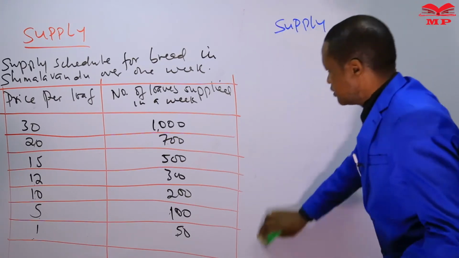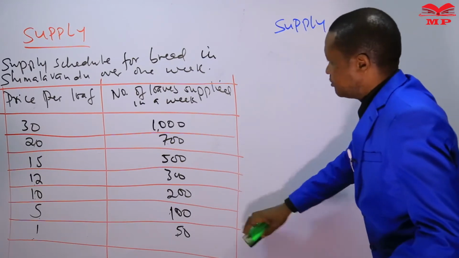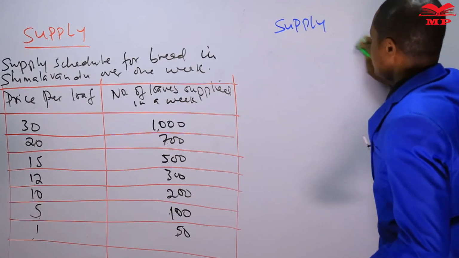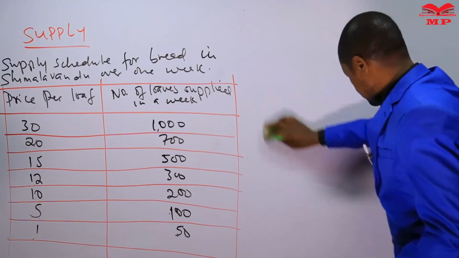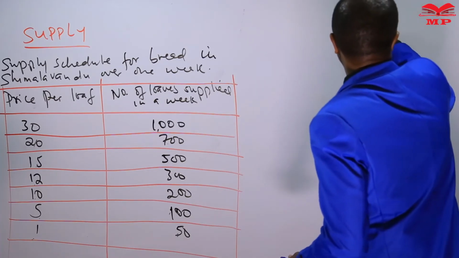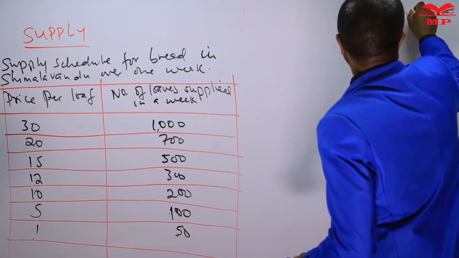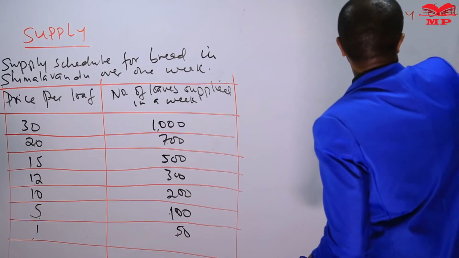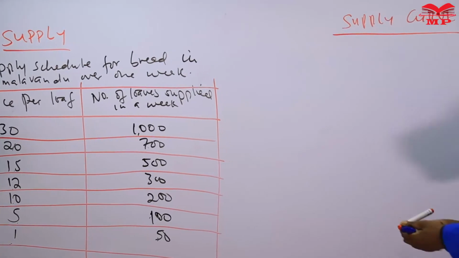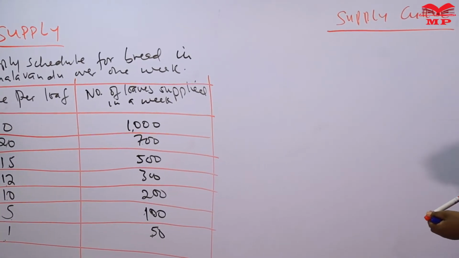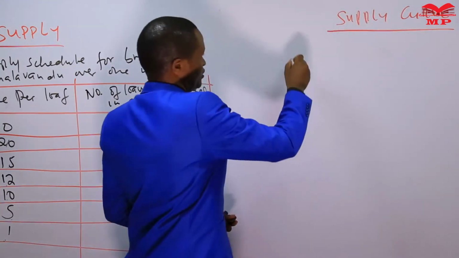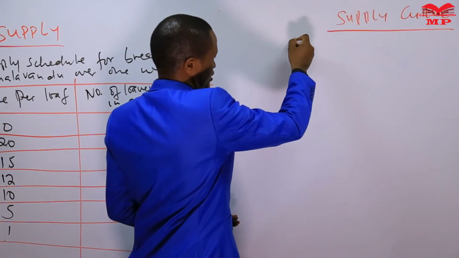So simply coming up with a graph based on the supply schedule. So we are going to draw here a supply curve. And we've said a supply curve is a graph. So we'll have a graph here, on the y-axis.